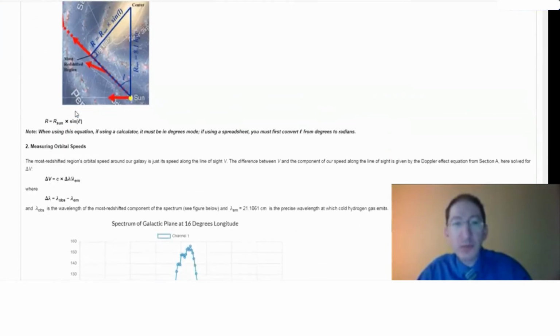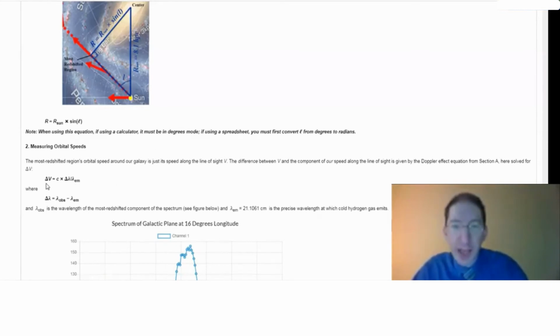We do this in 2 parts. First, we calculate its speed relative to us, and then we add that to our speed, or the component of our speed, along this line of sight. First, the speed of this region relative to us is given by the Doppler shift equation, which we discussed above, and it's repeated here.